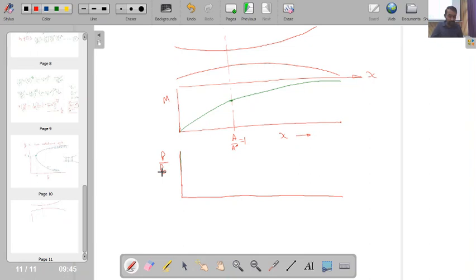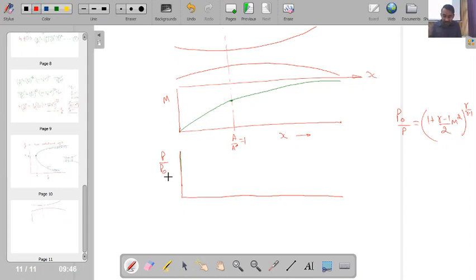You have seen that our inlet is nearly stagnant, so inlet pressure is the stagnation pressure. We know that P naught by P is equal to (1 plus gamma minus 1 by 2 M square) whole power gamma by gamma minus 1. So if at any value of x I know the Mach number, I can substitute that Mach number over here and calculate the ratio of P by P naught.